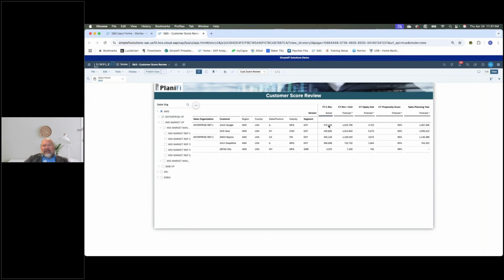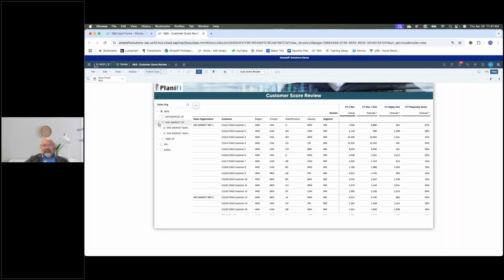So it looks like I'm ranging between 500,000 down to 435,000. So basically I'm saying anything 430,000 and up, I want to be an enterprise if I want to move some of my accounts.